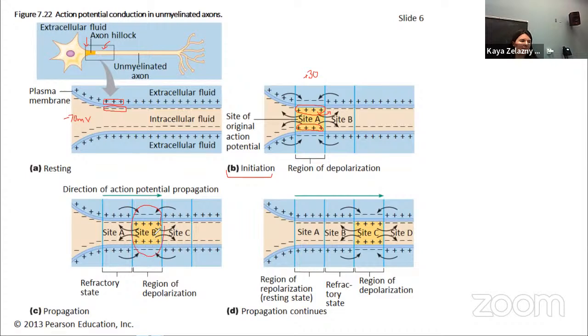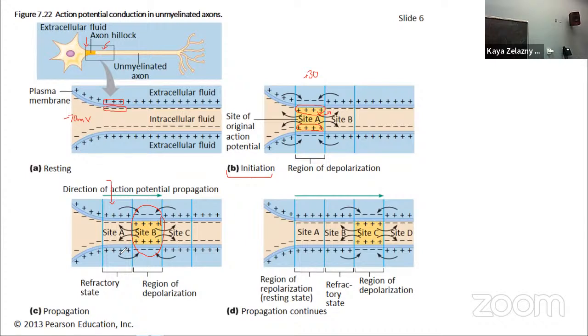So now we have all these positive charges here. I want us to look back at site A, right? Before, we had all our positive charges inside in site A, but now we have negative charges here. What we want to realize about site A is that as we're triggering site B, in site A we start to export those positive charges out.